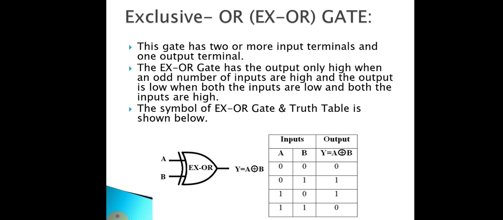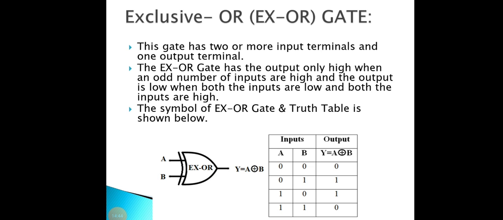For example, Y is equal to 0 for A is equal to B is equal to 0, or A is equal to B is equal to 1, and the output is high when A is not equal to B. Means what?